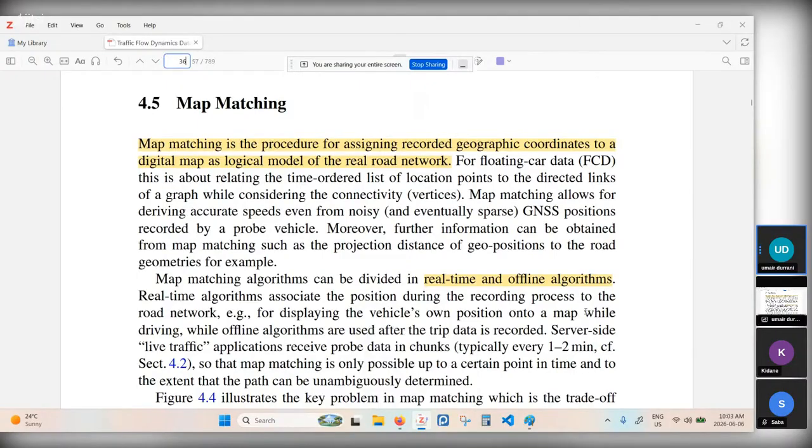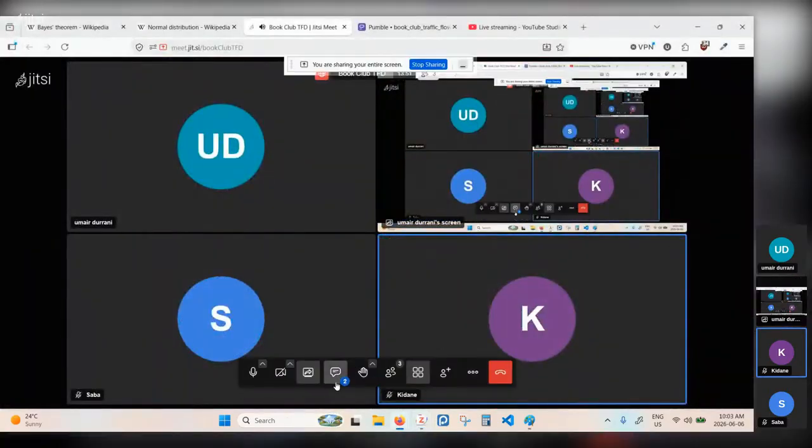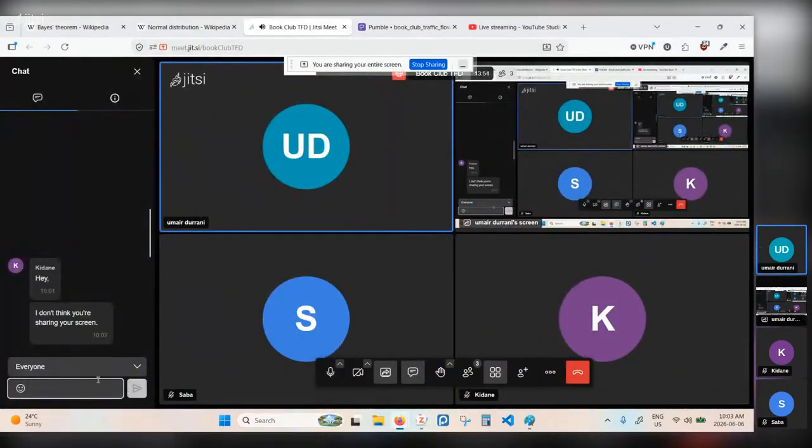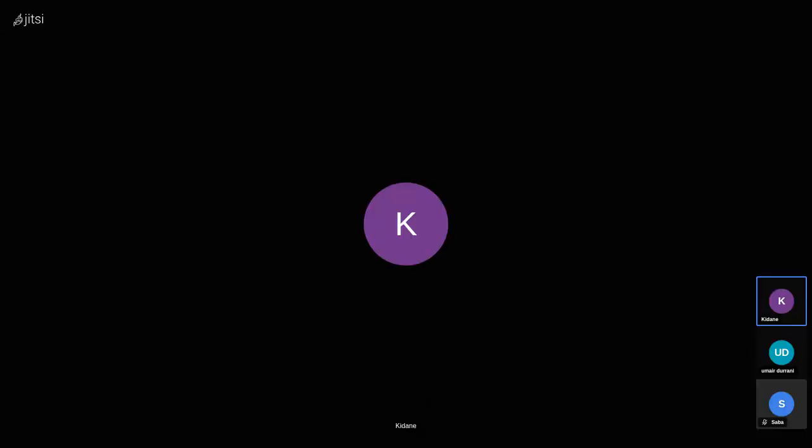What do you see on my screen now? Let me know if there's any problem, because we are going to refer to the chapter here. Can you please stop sharing and do sharing again? I'm not able to see it.